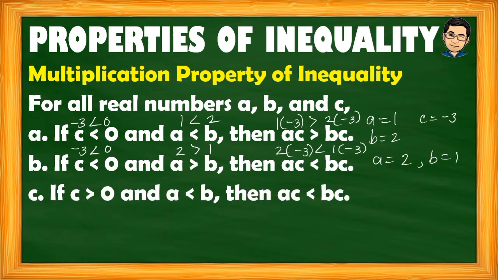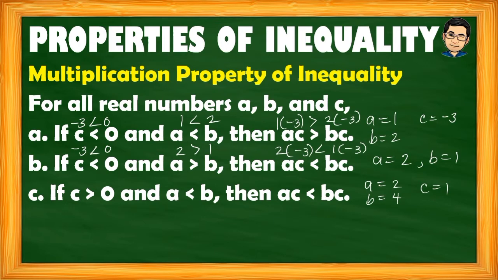Next, if C is greater than 0 and A is less than B, then AC is less than BC. Okay, how is that? So if A is 2, B is equal to 4, and C is 1. Okay, so let's check.